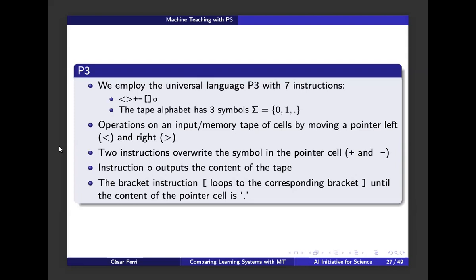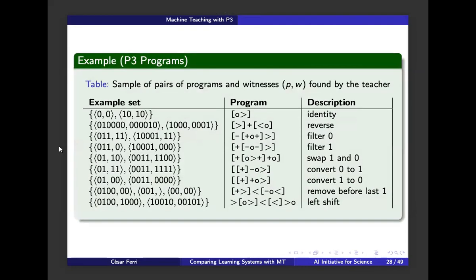Here you can see some examples. For instance, this program is the identity program. It gets an input array and just outputs it. If you see how it works, you have a loop in which you first print the character and then move to the right.